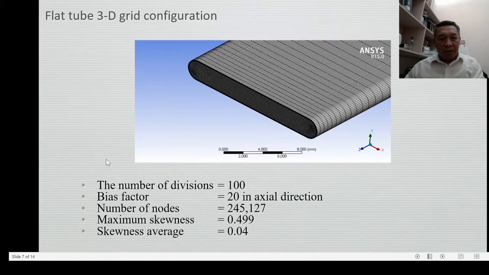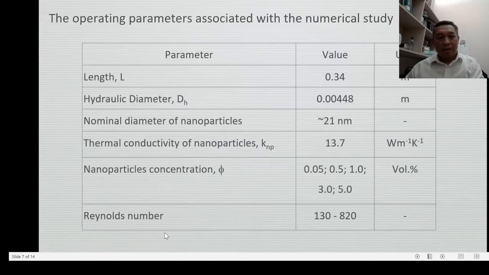In the numerical procedure, the number of divisions is 100, the bias factor is 20 in the axial direction, and the number of nodes is 245,127. This is the maximum skewness and the average skewness.